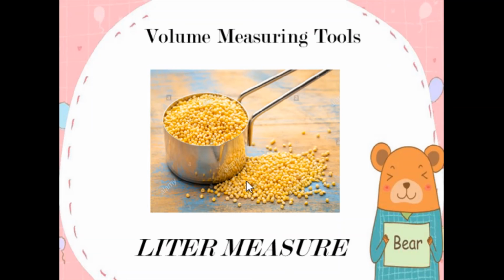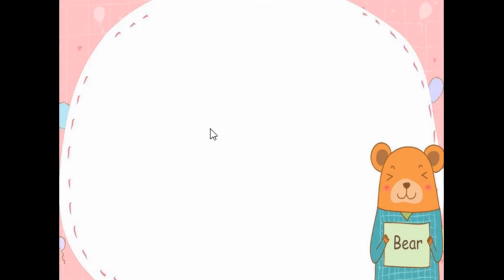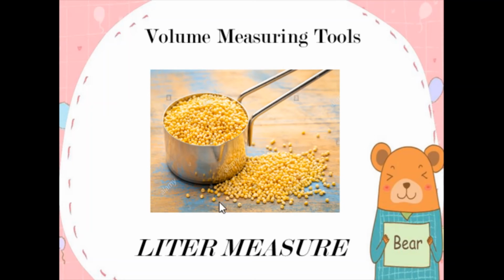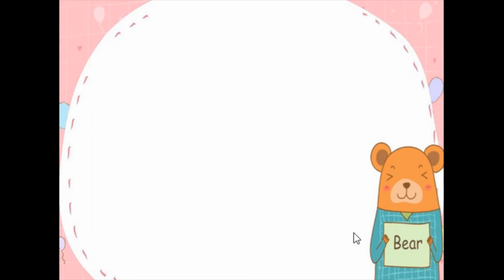Okay. A liter measure can also be used to measure dry goods. For example, a liter of millet. A liter of millet. Okay, what is this? Liter measure. Good job.